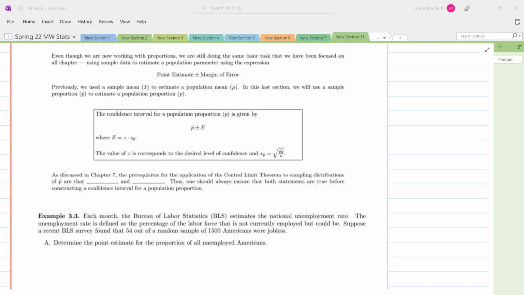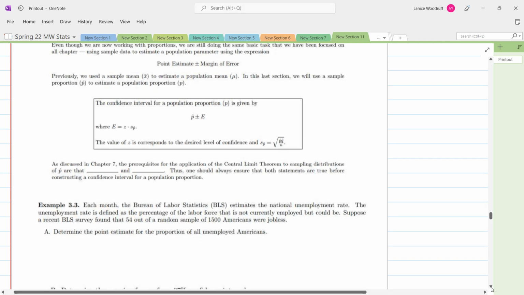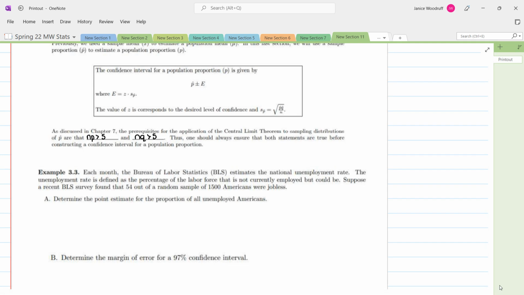All right, so as discussed in chapter 7, the prerequisites for the application of the central limit theorem to sampling distributions are np and nq being greater than 5. Okay, so np is greater than 5 and nq is greater than 5. So we need a big enough sample size. And we check that.